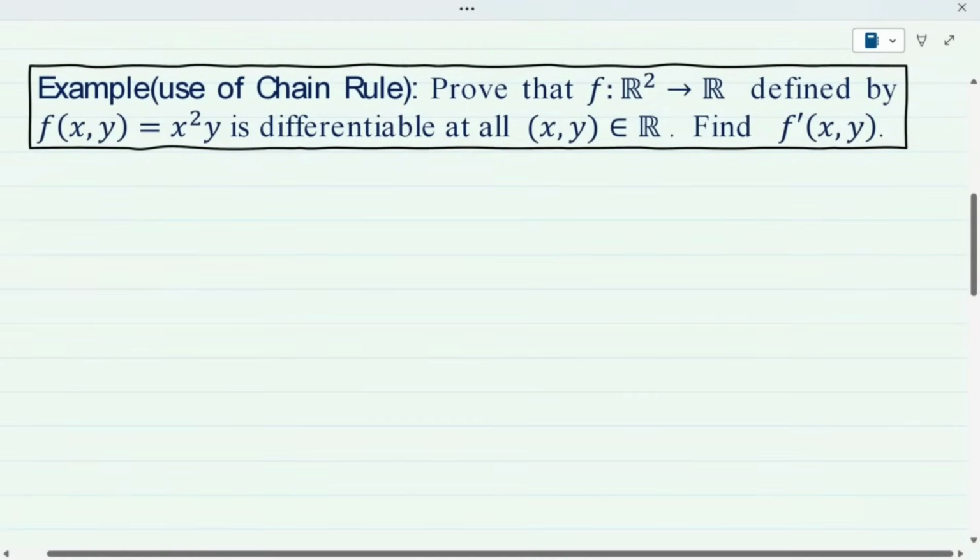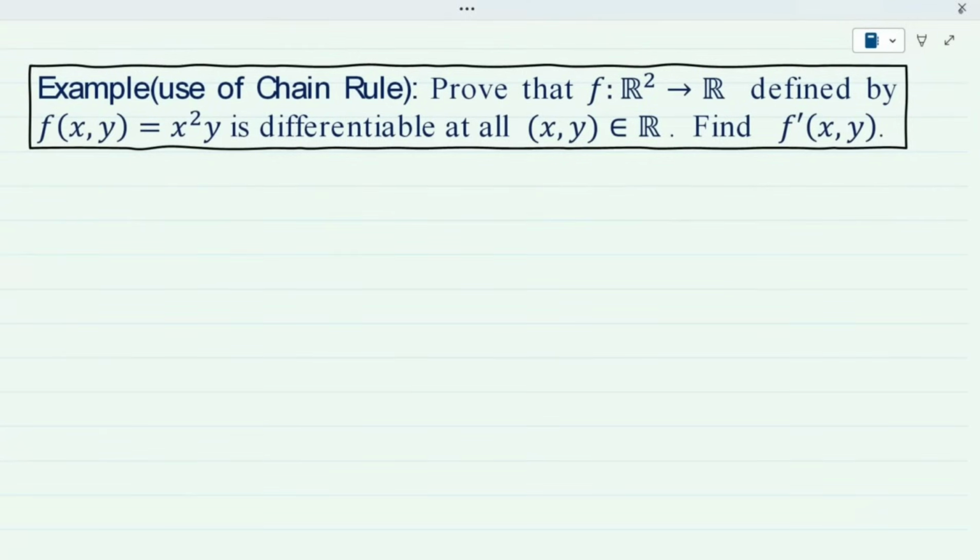Using the chain rule, we will prove that this function f from R2 to R, defined as f(x, y) = x square y, is differentiable at (x, y) belongs to R2, and we will find the derivative f dash (x, y).